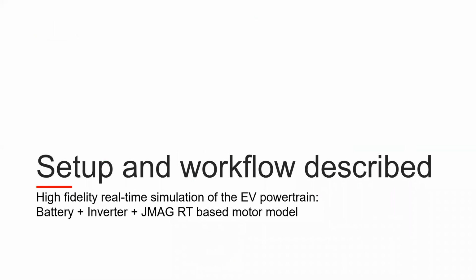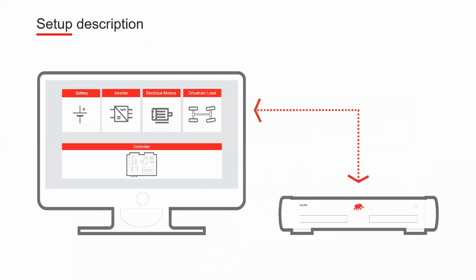Okay, so for our setup today, we are going to have a real-time simulator, and then we're going to simulate a simple EV powertrain. So we are going to have a battery, an inverter, and a JMAG-RT based motor model.